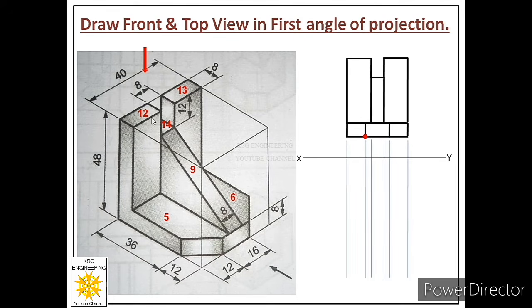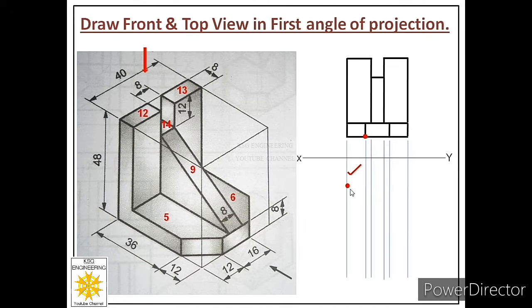And that point is over here in the front. So we will select that projector which is coming from that point. It means this point will lie on this projector. So now we'll leave some gap from XY line and we'll mark a point on that projector. So this point represents this point of face 12.